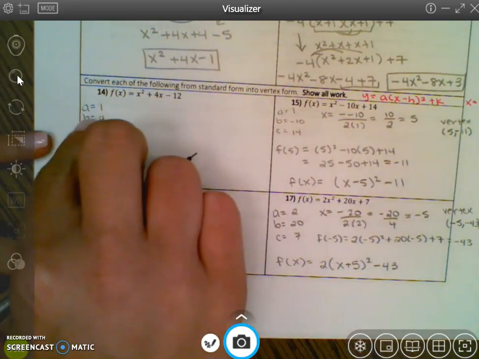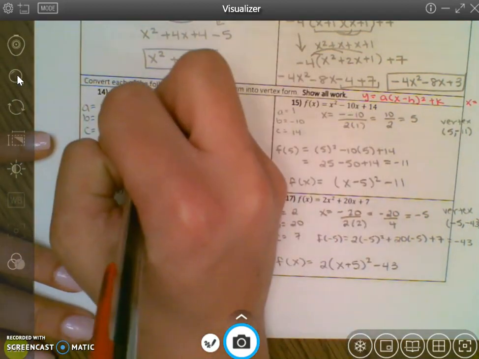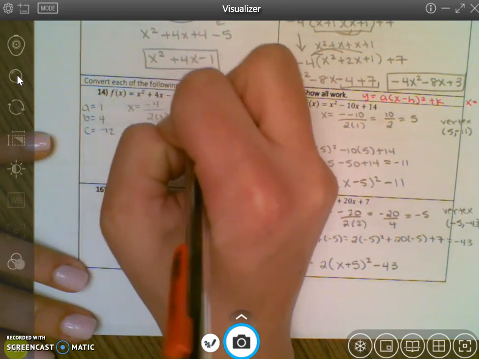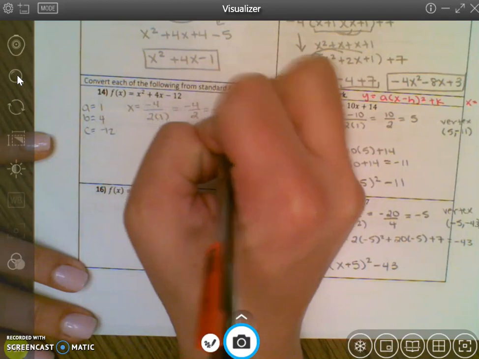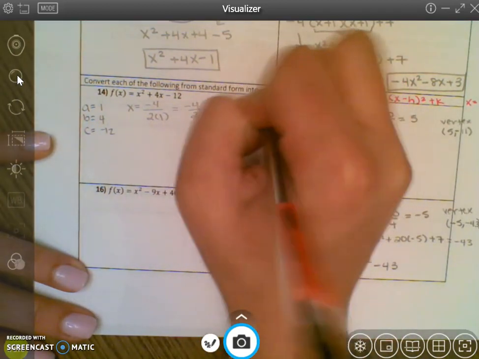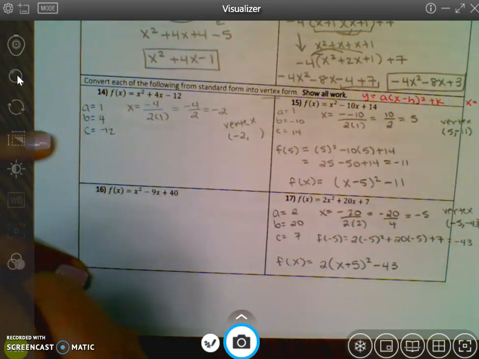Okay, so x equals negative 4 over 2 times 1, which is negative 4 over 2, is negative 2. So my vertex, because remember we're converting to vertex form, is going to be negative 2 comma something.